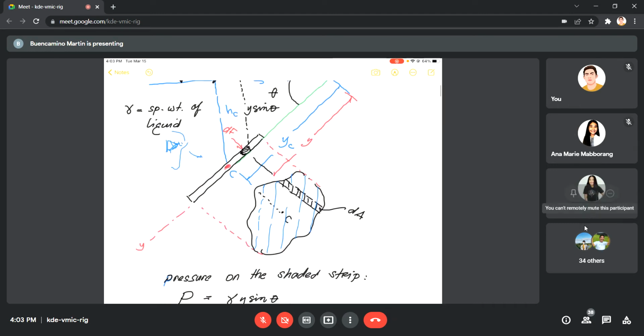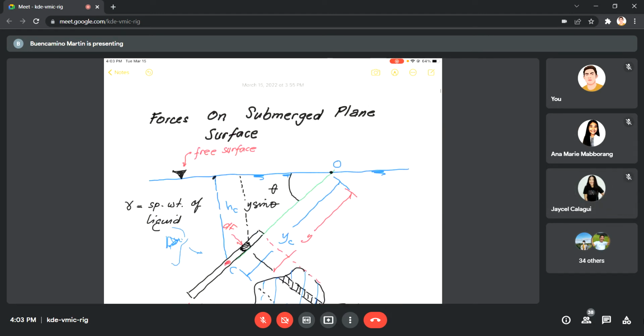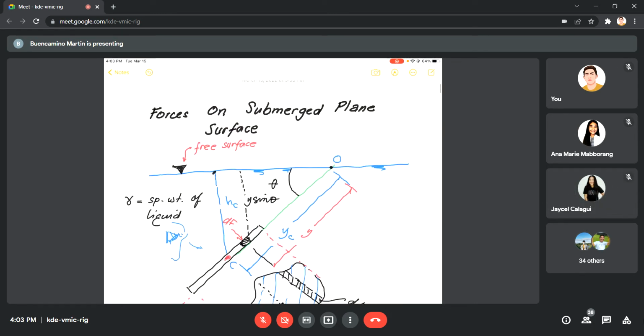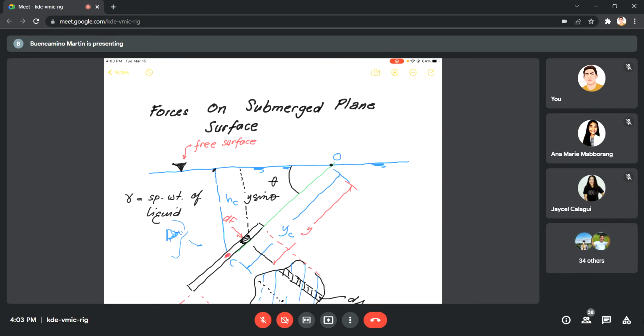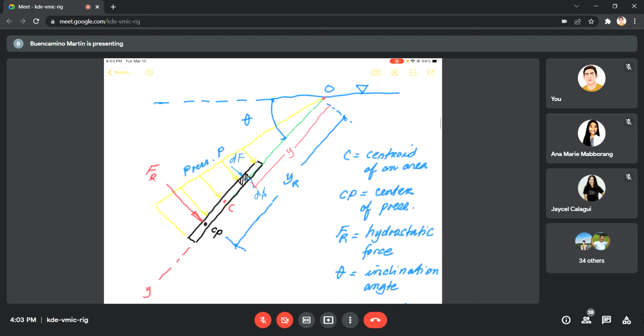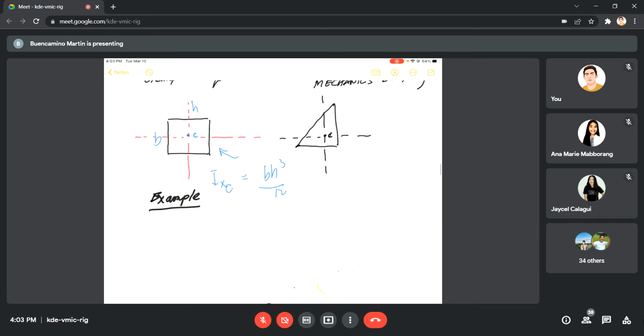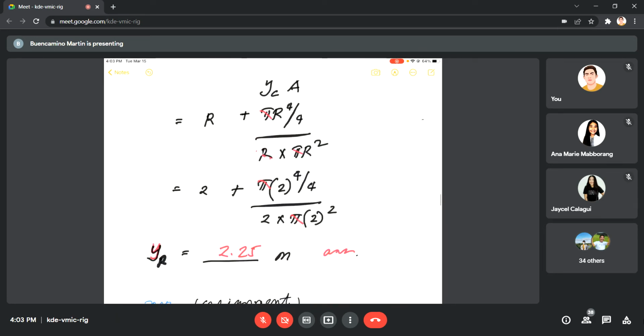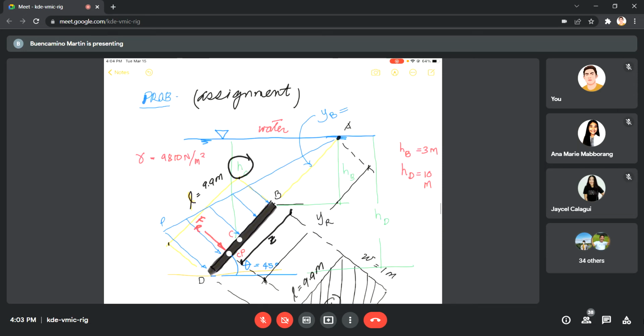Ano naman ito? Okay. Kagaya nung first figure natin. Saan ba yun? Ayan.